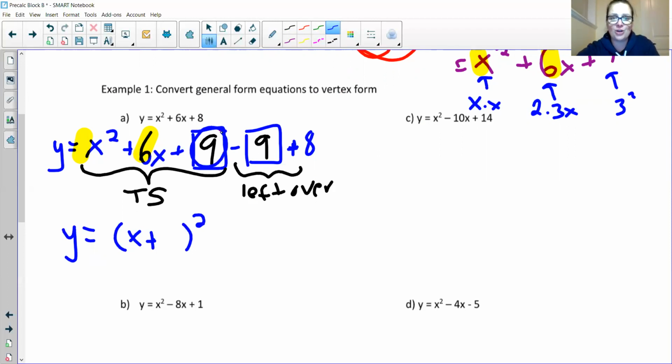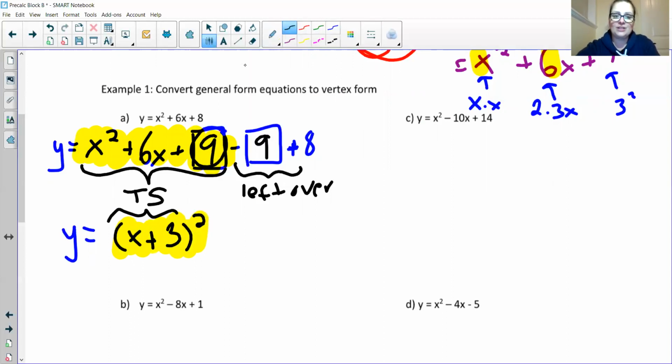We already know it's a trinomial square because we manipulated it to be so, we don't have to check it in any way. But half of 6, or the square root of 9, is 3, so that is the value that's going to go in there. So that is the same thing as all of this has been rewritten like this.